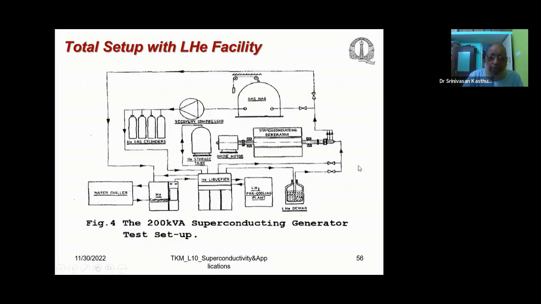It cools the rotating part, and the cold gas coming back is collected and enters the gas bag where it is again compressed. This compressed gas is stored in a cylinder. And from the cylinder, it is taken back into the helium liquefier for liquefaction, and the process continues.